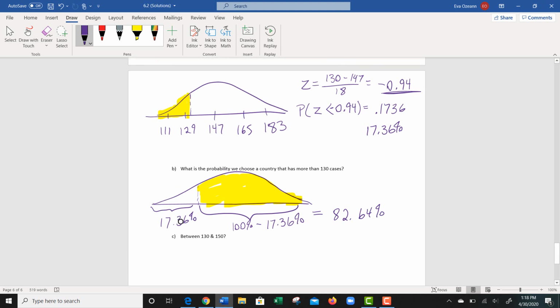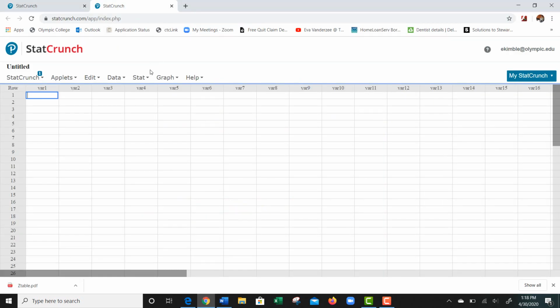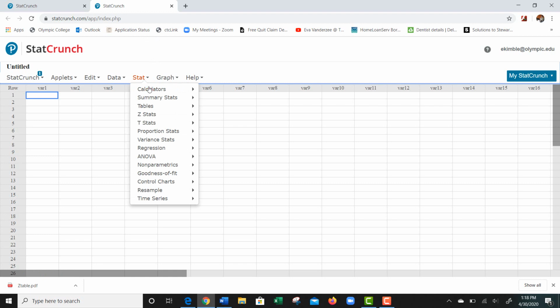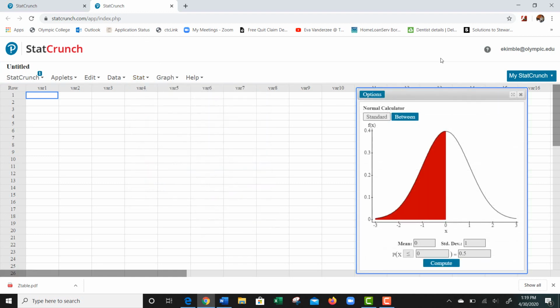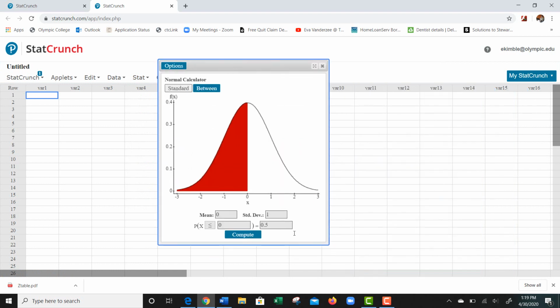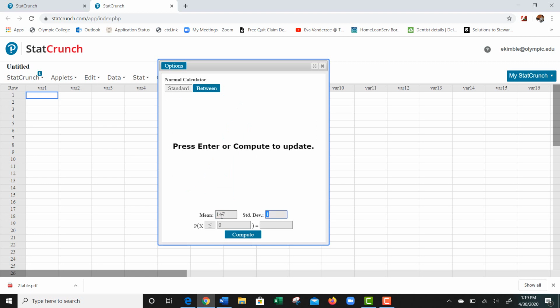Great. Before we move on, let's go ahead and check our answers on StatCrunch and just make sure that we're doing the right thing. So remember, to do this on StatCrunch, you're going to go Stat, Calculators, Normal. Don't forget, we're going to change the mean and the standard deviation. So our mean was 147, our standard deviation was 18, and we were looking at 130 cases.